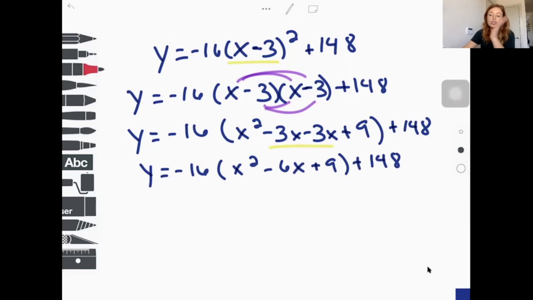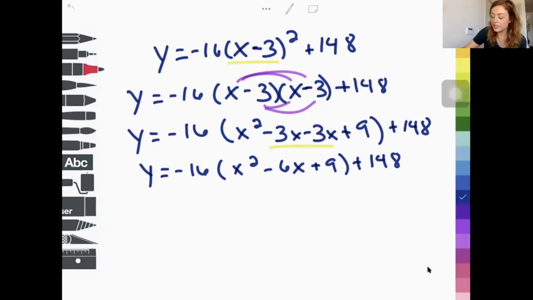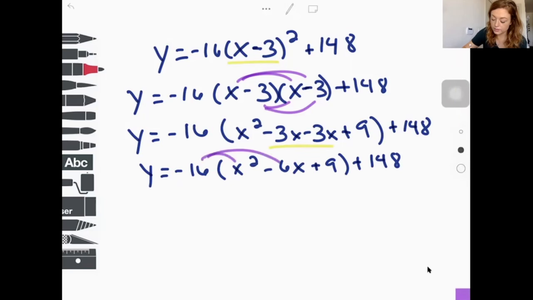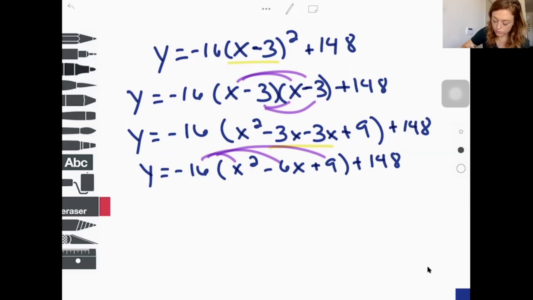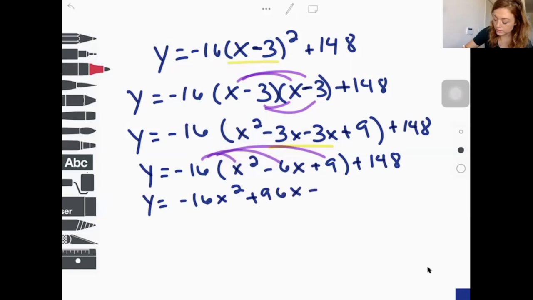Okay, now I'm going to distribute that -16 into my parentheses. So remember, it has to go to everything inside the parentheses that it touches. y equals -16x squared plus 96x minus 144 plus 148.